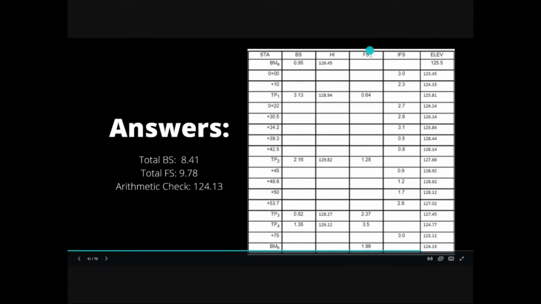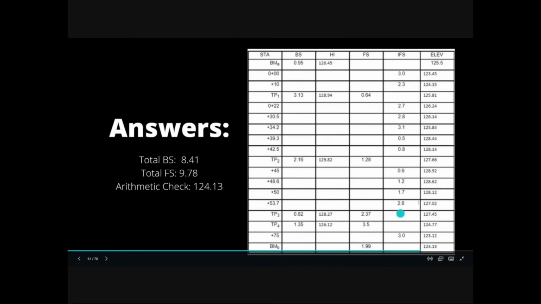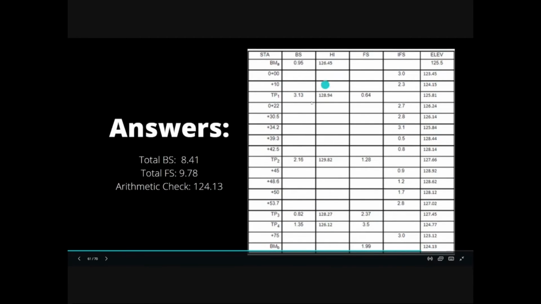We measured its foresight value, which is 1.99. So we still use this value, 126.12 minus 1.99. We will get 124.13, which is the elevation value for benchmark B. And this is our data, the table or the profile level notes.